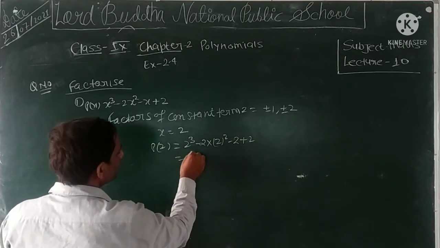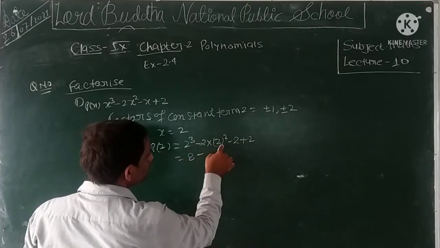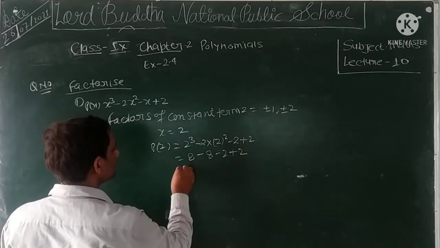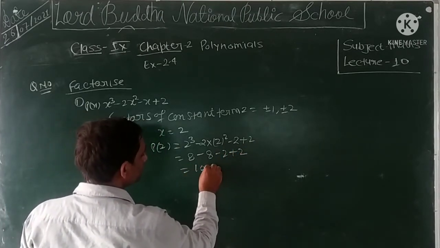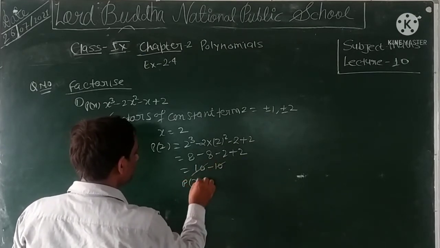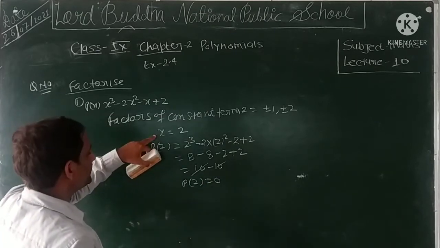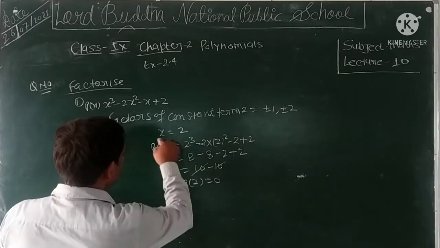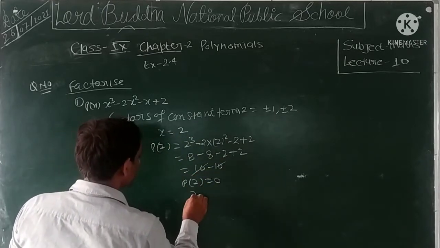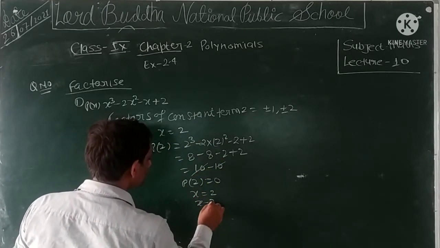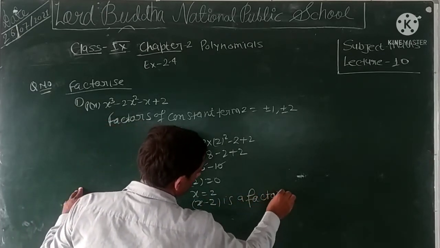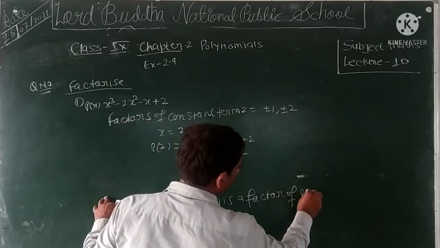We see that 2 cube is 8, 2 into 4 is 8, minus 2 plus 2. We see that 8 plus 2 is 10, 8 plus 2 minus 10, this is cancelled out. P2 equal to 0. x equal to 2 gives the value of 0, hence x minus 2 is a factor of Px.